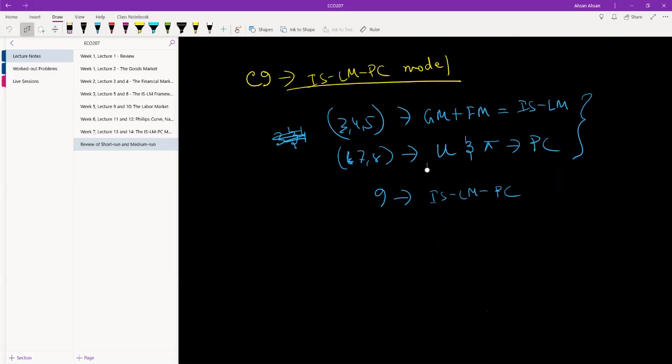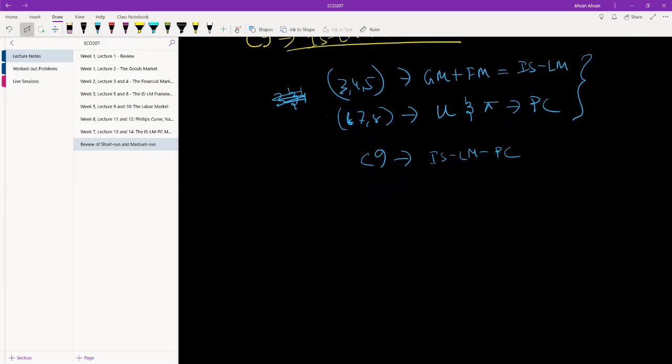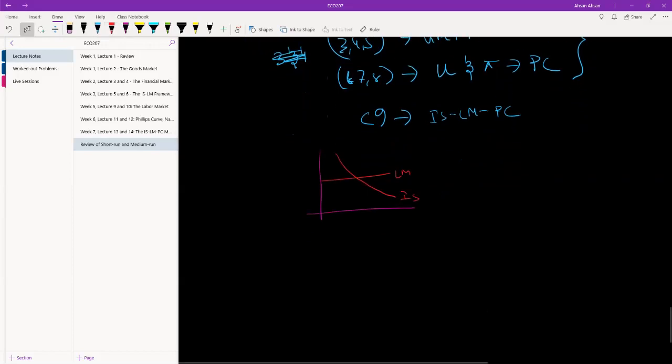So what did we do in chapter 9? We started off with the ISLM curve. We drew a Phillips curve.